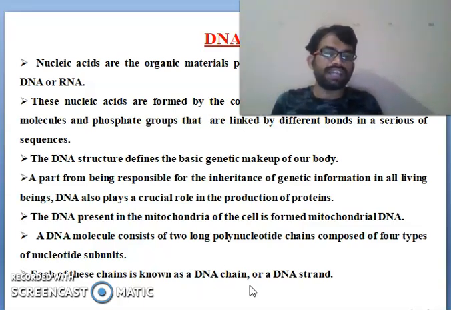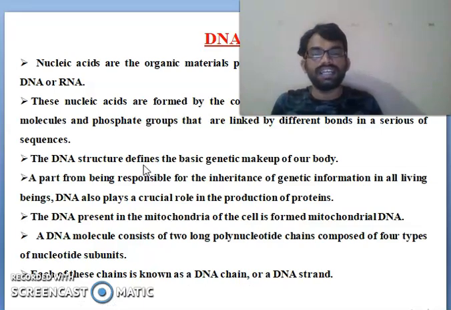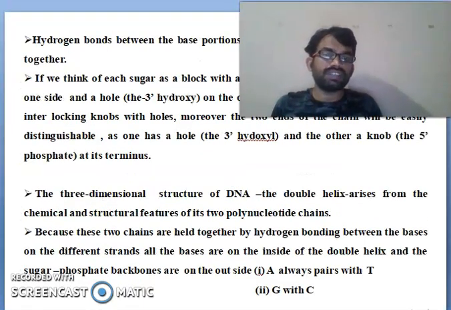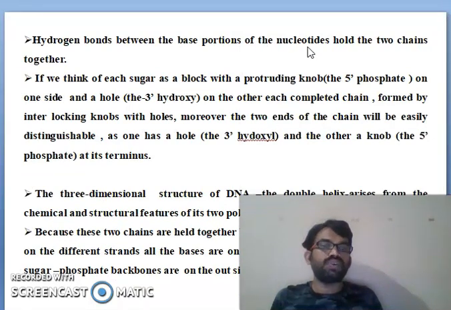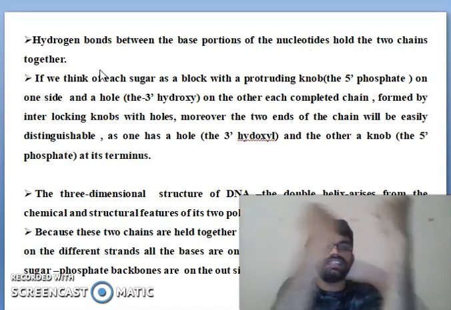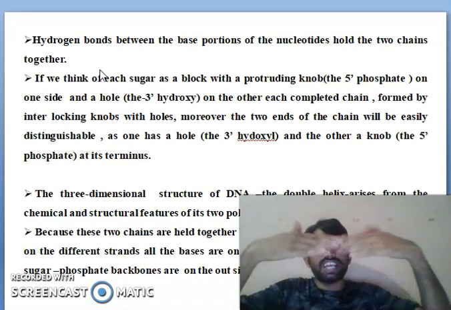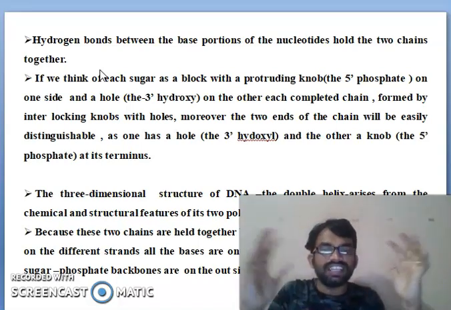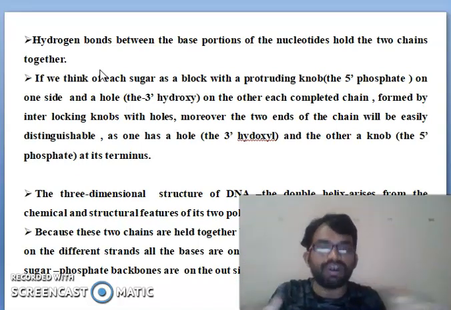These chains are known as DNA chains, or simply DNA strands. You can see here that hydrogen bonds between the nucleotides hold the two chains together. The interaction between these chains keeps them at a distance through hydrogen bond formation.